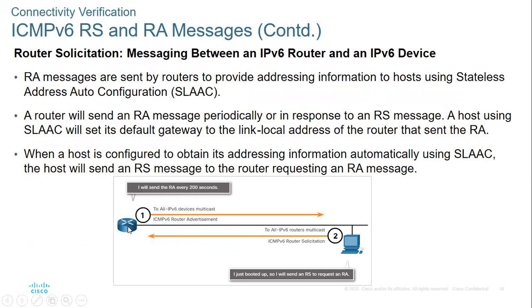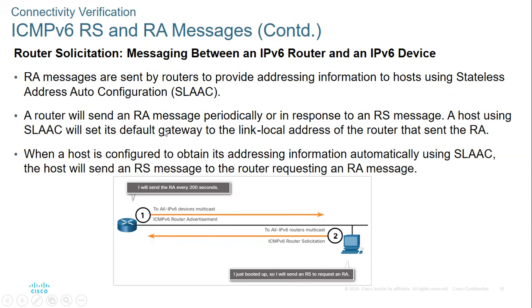The router can send a router solicitation message. The RA messages are sent by the router to provide addressing information to the host using SLAAC.